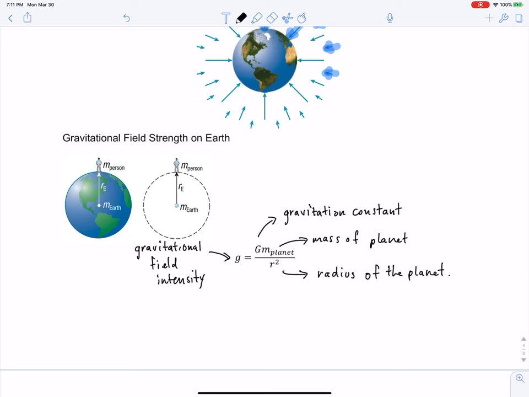If you put in the mass of the Earth and the radius of the Earth, you will get the value g for the gravitational field intensity on Earth, 9.8 newtons per kilogram.